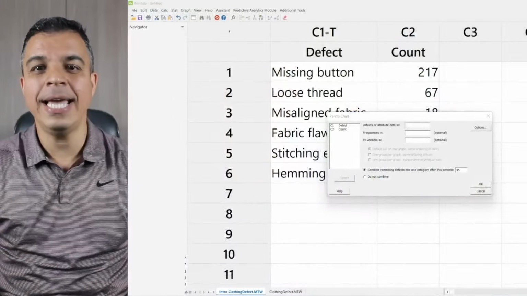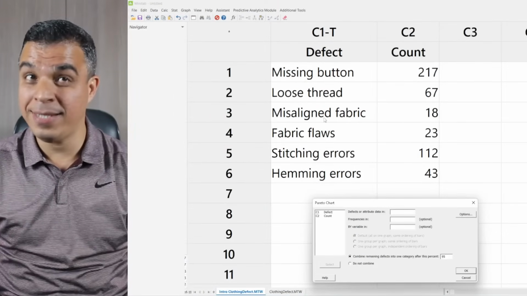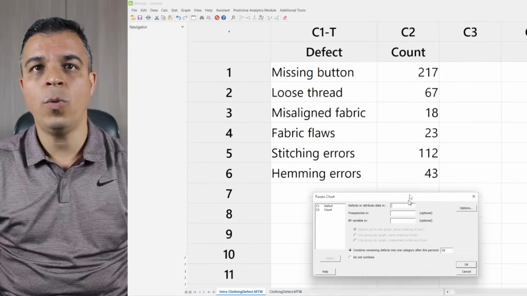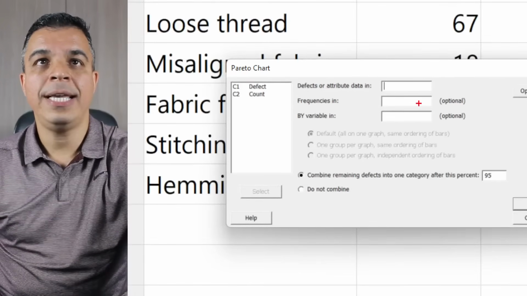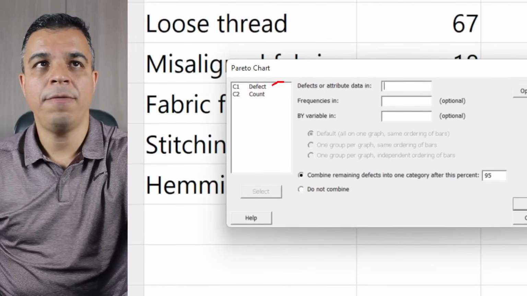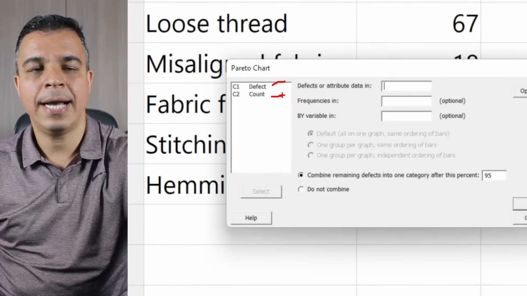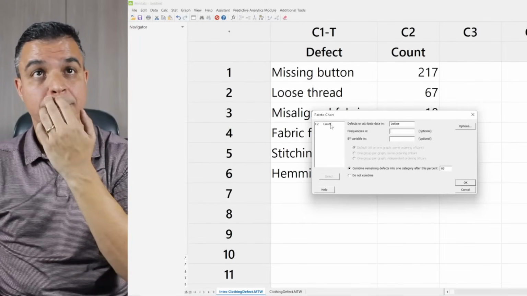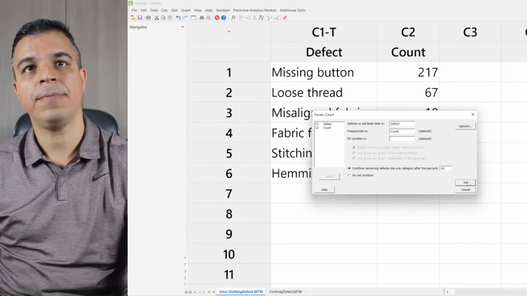So in this case, I have summarized data. I have defects and I already have the count, so I can just indicate here the column with defect and indicate here the frequency that is count, okay? So defect and count, okay? And that's it.